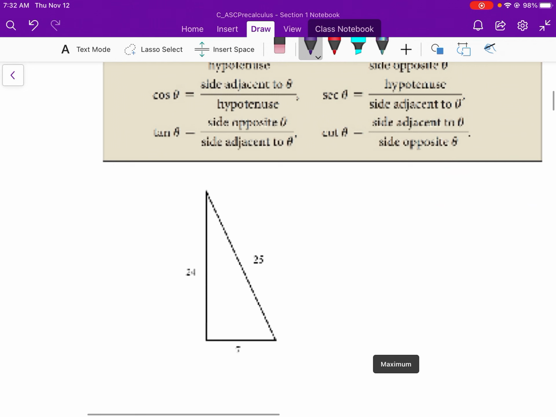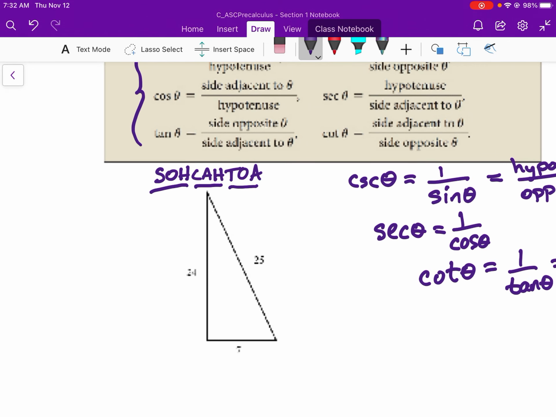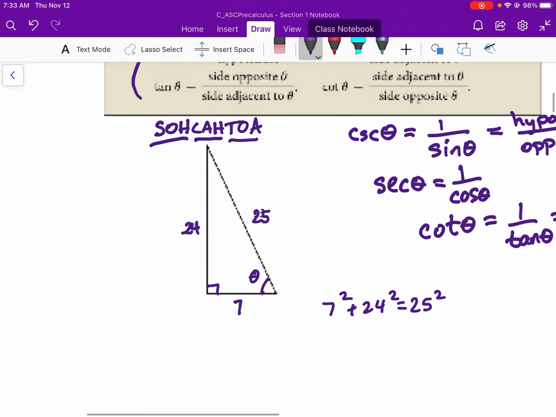So when I look at this triangle that I have in front of me, these sides are 7, 25, and 24. That's a right triangle. If you use the Pythagorean theorem, 7 squared plus 24 squared is equal to 25 squared. So I know it's a right triangle. If this is my angle theta, then I want to be able to find all of these functions.